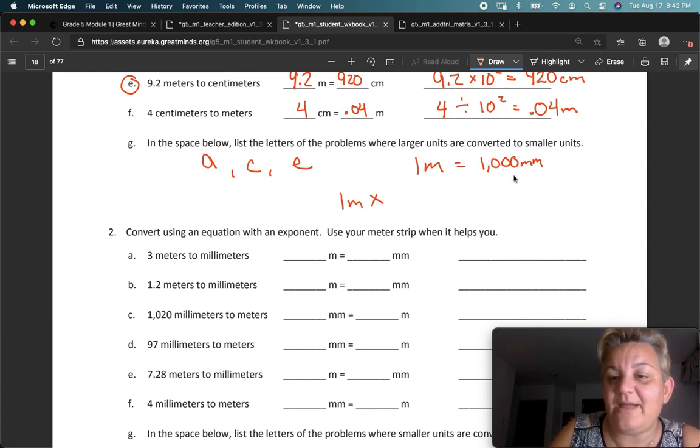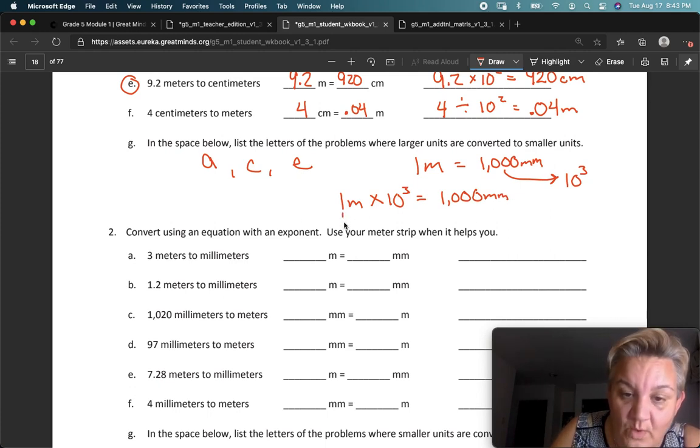But I'm not going to write 1,000, am I? Instead, I'm going to write 10 cubed. So 1 meter times 10 cubed equals 1,000 millimeters.